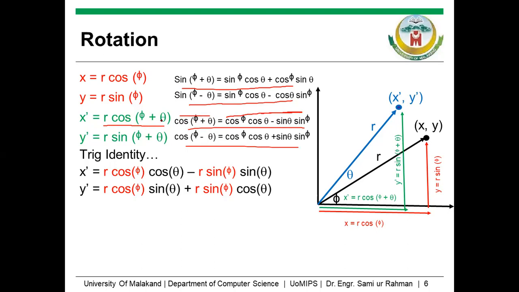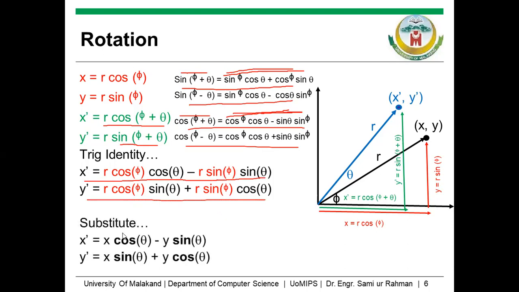And sin(phi plus theta) is here. So these two are equivalent. In this portion, this one is replaced with this, and we get these equations by these replacements.